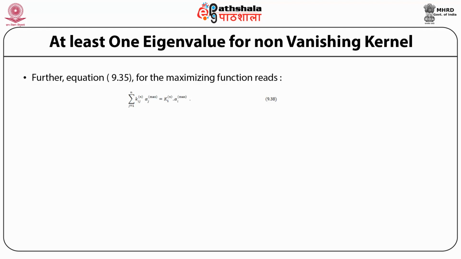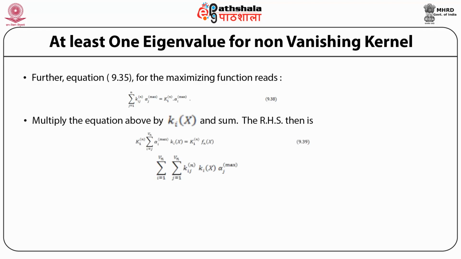Now the maximizing function reads, when we maximize, the sum over j equal to 1 to n of K_ijn α_j maximum is equal to k_1n into α_i maximum. Now we multiply this equation by K_i(x) and sum.